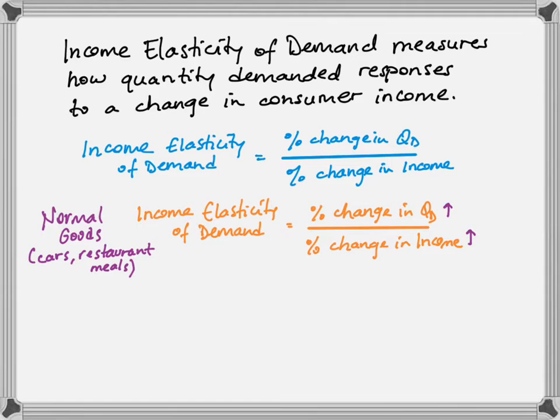As we see here, the change in both cases will be in the same direction. The income goes up, the quantity demanded for normal goods will go up. Since the change is in the same direction, we expect this elasticity to be positive.